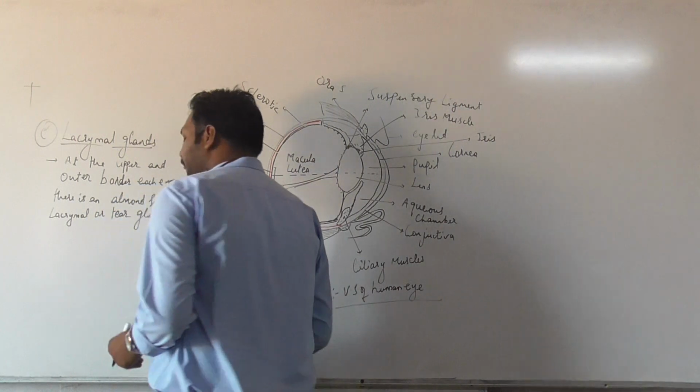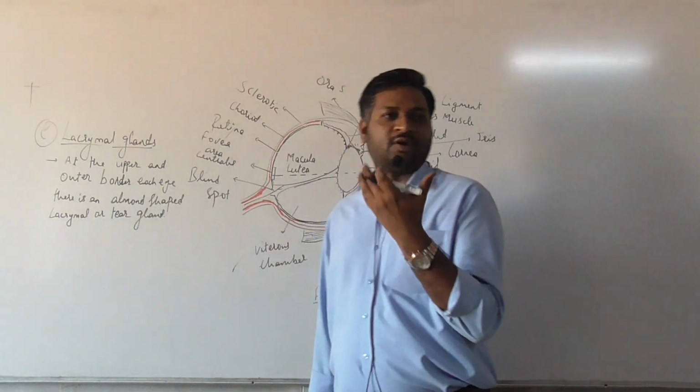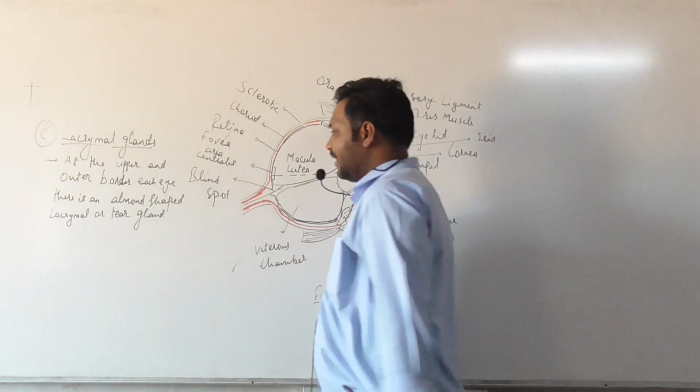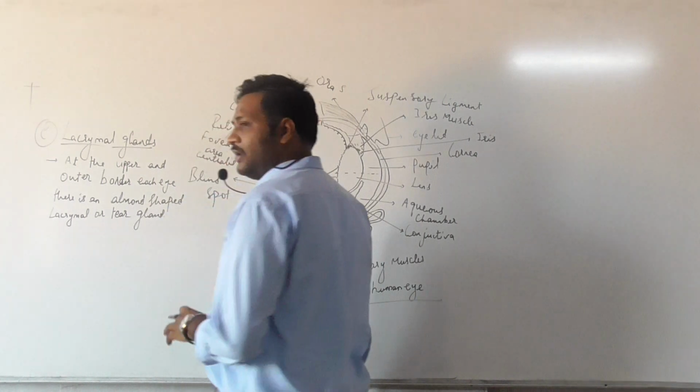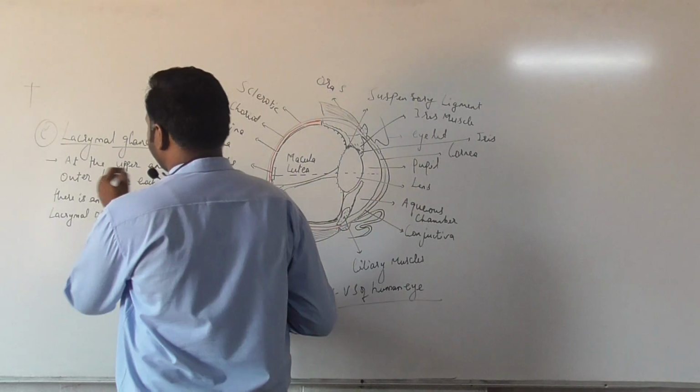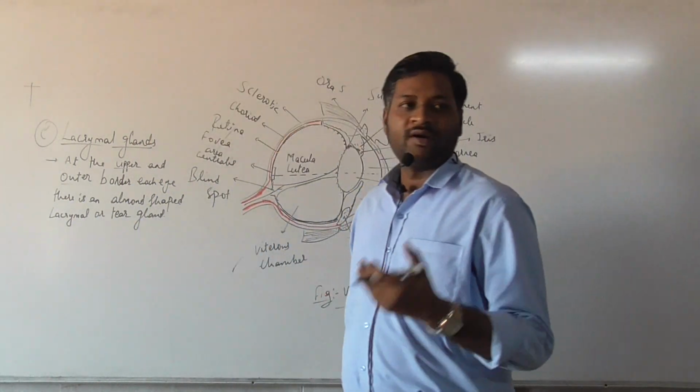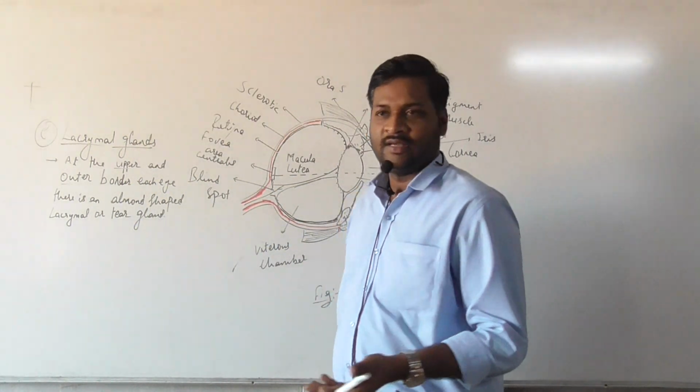As we know, tears are released by these glands, which we also call the tear glands. These are also referred to as the lacrimal gland. So where are they located? They are located at the upper and outer border. So that is where tears come out of the eyes, isn't it?